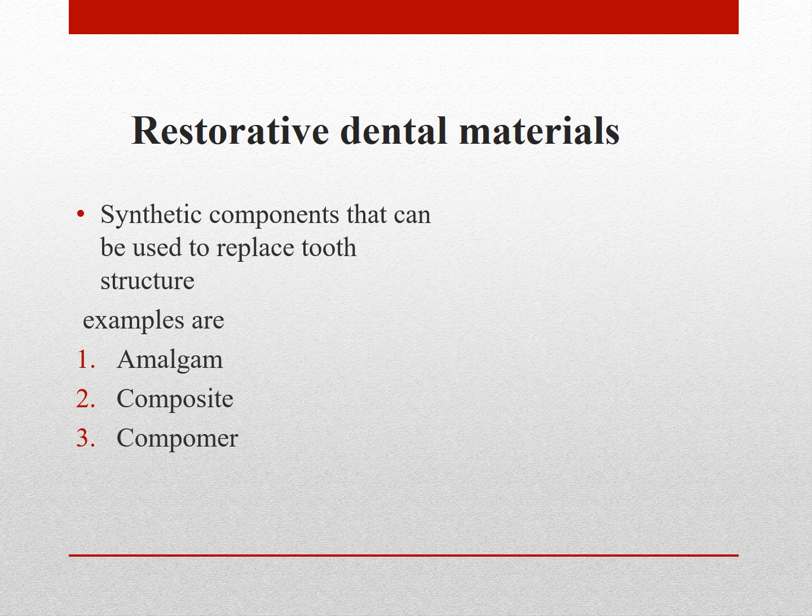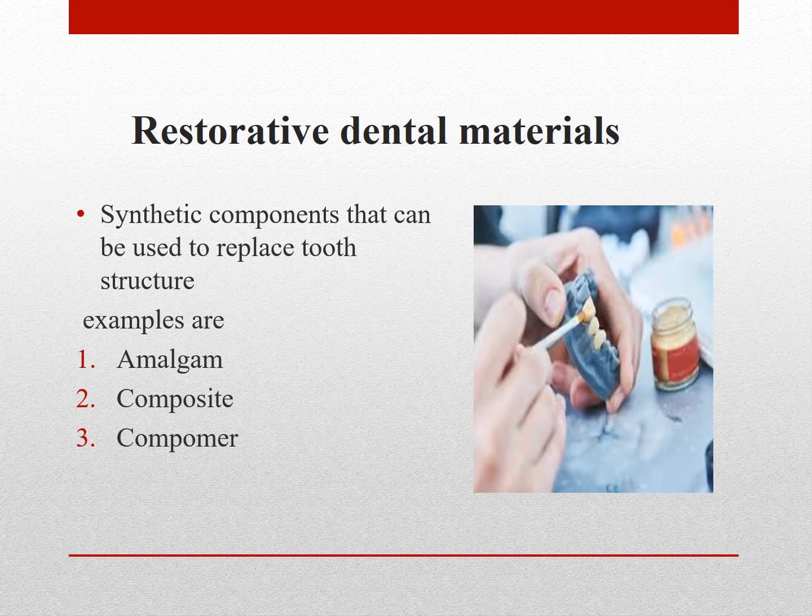So nowadays, the materials which are used often are composite and also compomer. Compomer is a combination of glass ionomer and composite, and it has the qualities of both. In this picture you can see a restoration fabricated outside the mouth, which they are going to put inside. They can use composite in the cavities and compomer in the cavities.